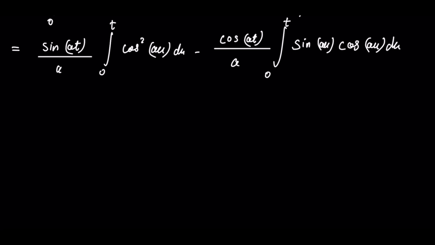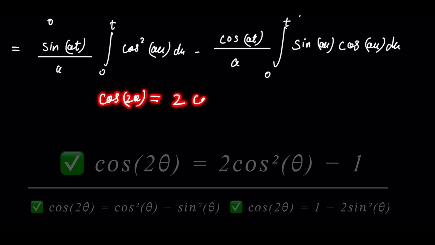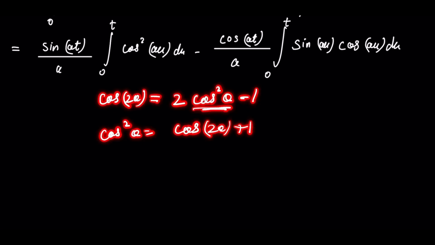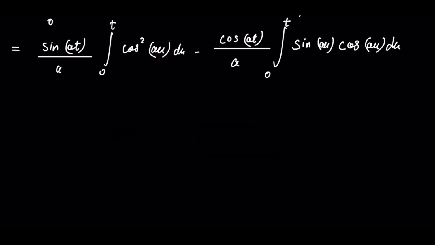Now we recall the identity of cos 2 theta. We know that cos 2 theta is equal to 2 cos squared theta minus 1. So let's make this the subject, which means that cos squared theta is equal to cos 2 theta plus 1 divided by 2, which we'll be substituting here because we do not know any such direct method of integrating a cos square.